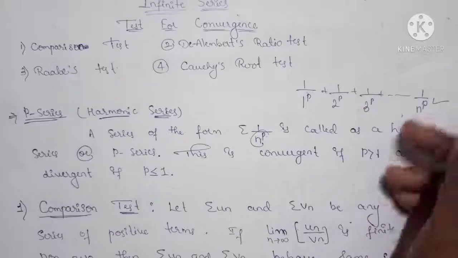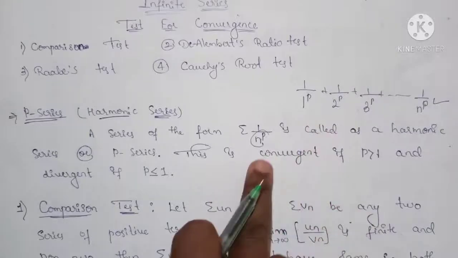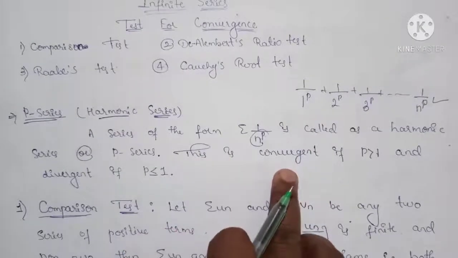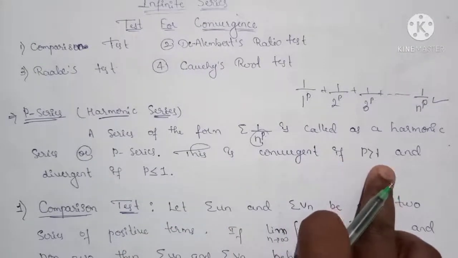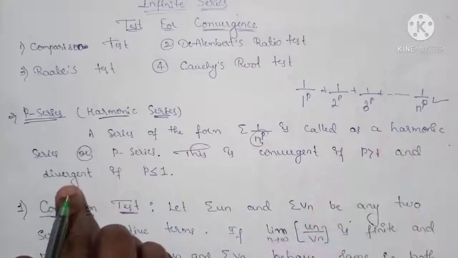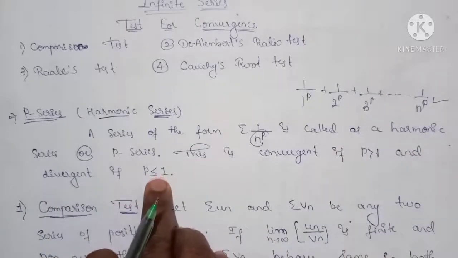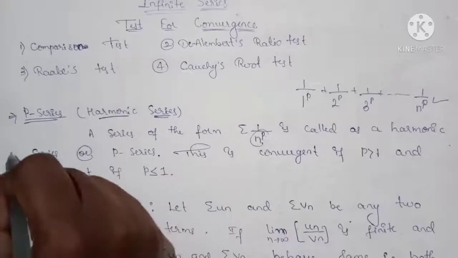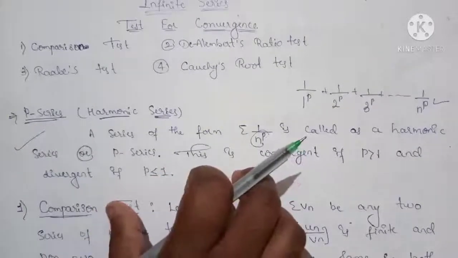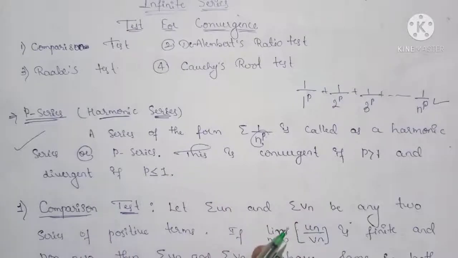This series is convergent if p is greater than 1 and is divergent if p is less than or equal to 1. This is a very important series while testing a given infinite series.